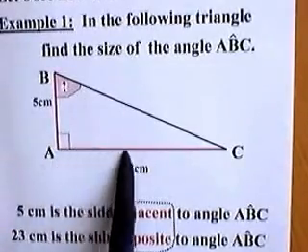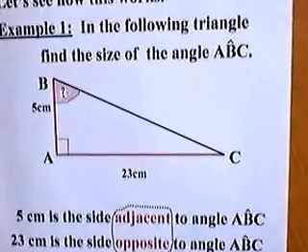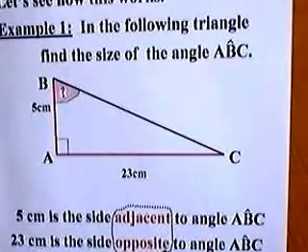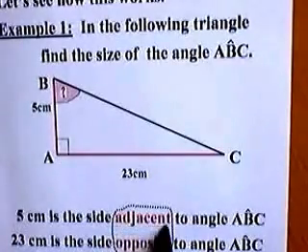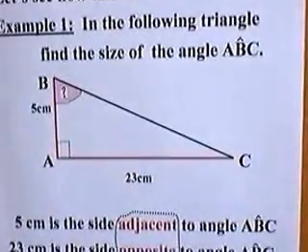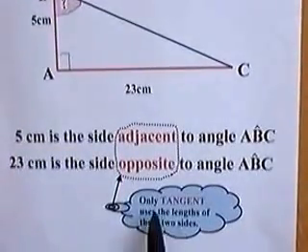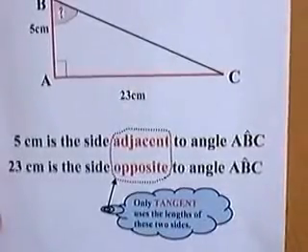Now, adjacent, opposite. There's only one trigonometric ratio that uses the lengths of the adjacent and the opposite side. Which one is it? Okay, good. It's the tangent. Only tangent uses the lengths of these two sides.